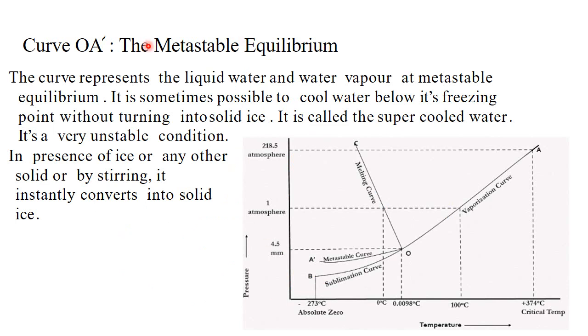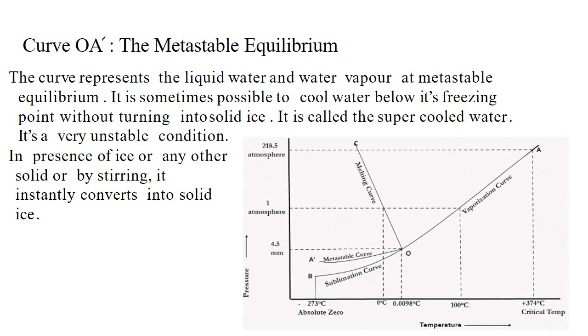Curve OA prime shows the metastable equilibrium. It's a metastable curve. The curve represents the liquid water and water vapor at metastable equilibrium. It is sometimes possible to cool water below its freezing point without turning into solid ice. It is called supercooled water.